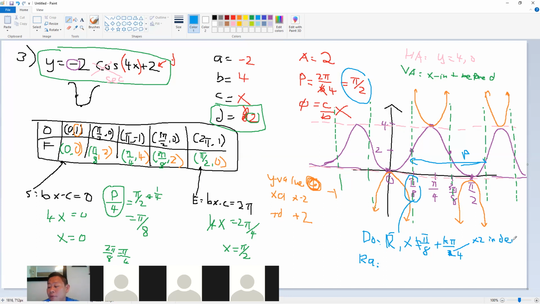This only works for secant and cosecant. Tangent and cotangent is the same thing, but for secant and cosecant you just multiply by 2. Range: this goes from negative infinity all the way up to 0, including 0, and then from 4 to infinity. This is how you do your domain and range in this case.